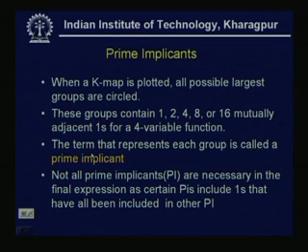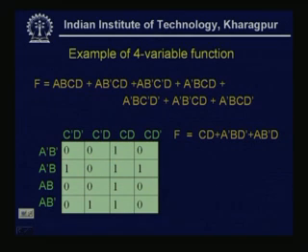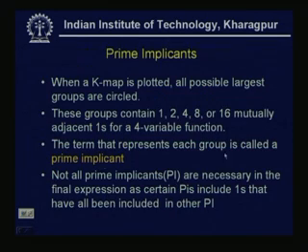In the example we have just seen, these are the prime implicants, because for this quad C D is the reduced minterm, for one couple A bar B D bar is the reduced minterm, and for another couple this is the minterm. So, these 3 terms represent each group, 2 couples and 1 quad. They are called the prime implicants.